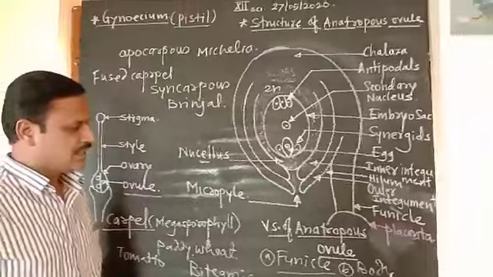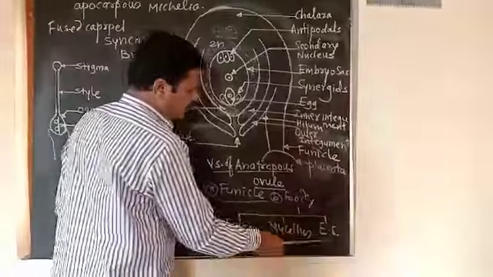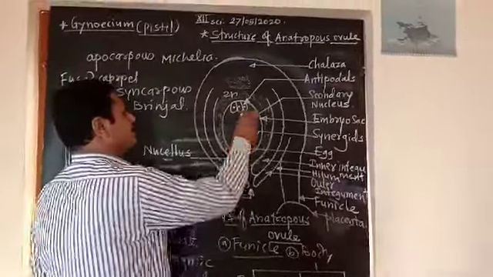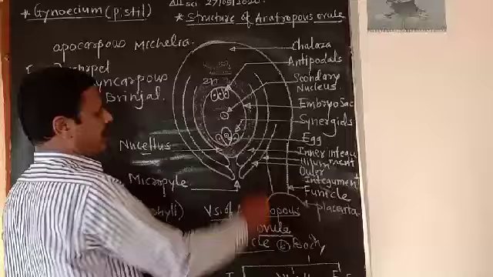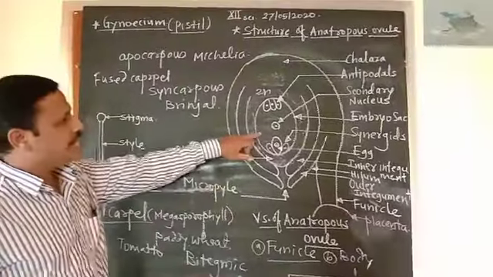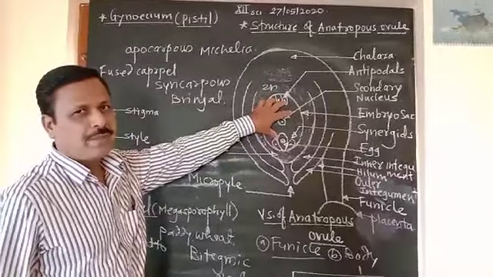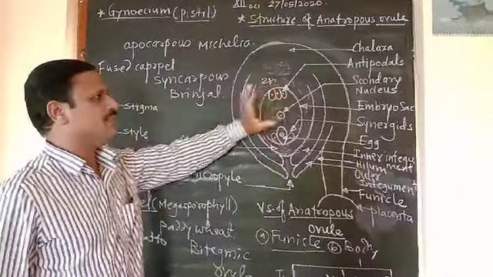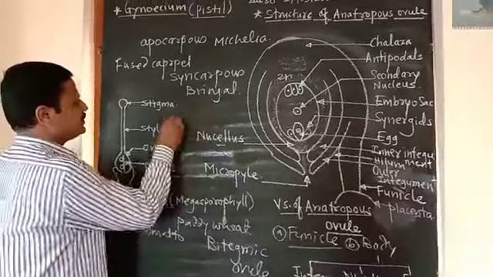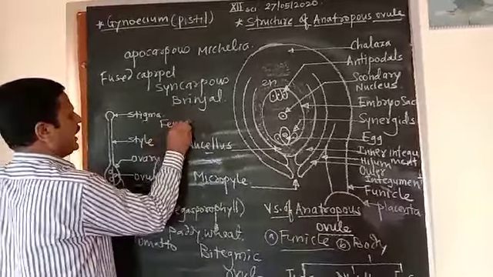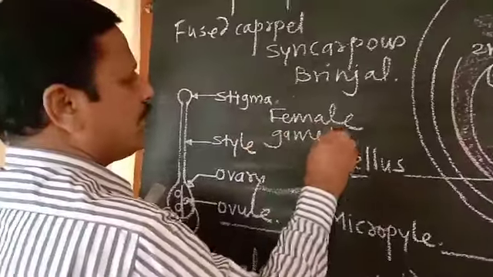Then the third part of the body, that is embryo sac. This region is called the embryo sac. Embryo sac is also called the female gametophyte.